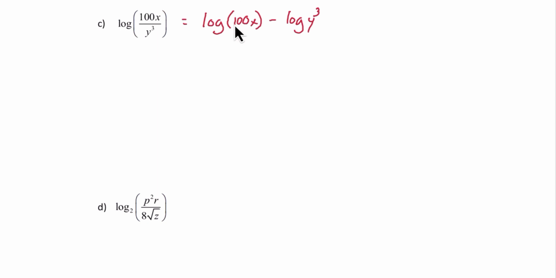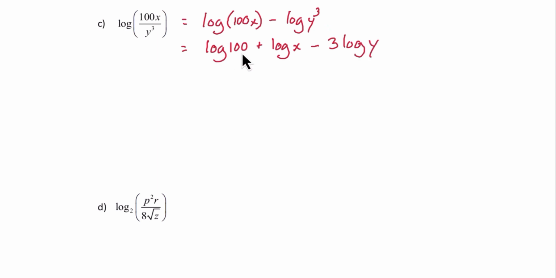Next, we can break apart this product using a sum of logs, log 100 plus log x. And at the same time, we can go ahead and take care of this exponent. We get minus 3 log y.